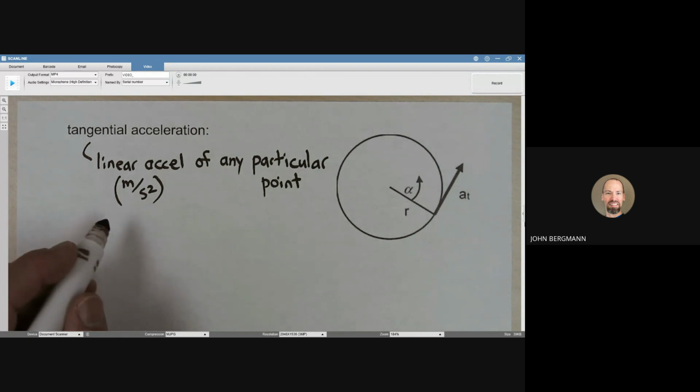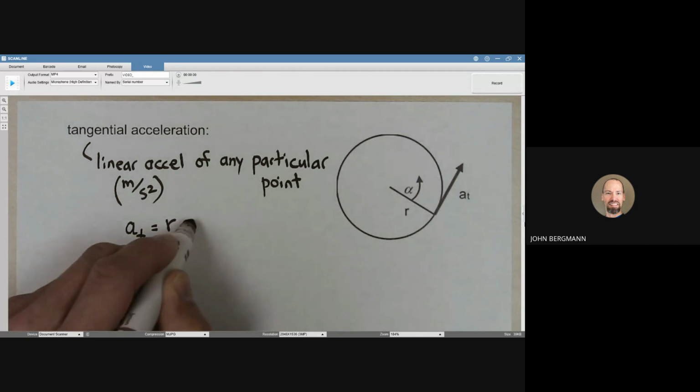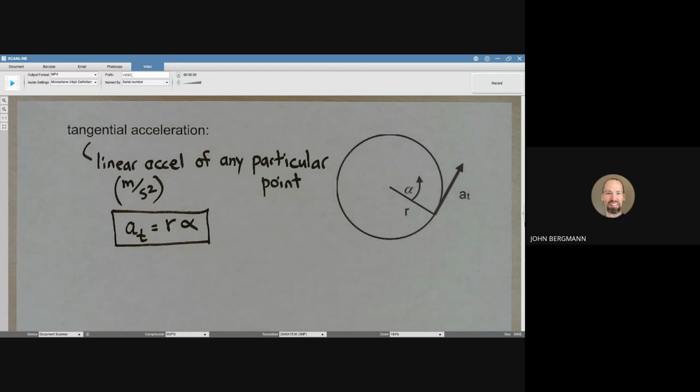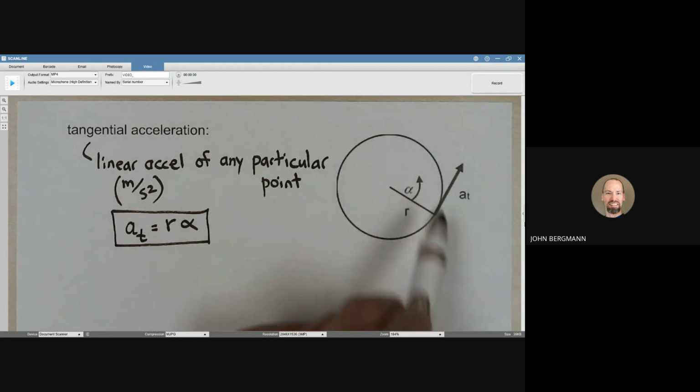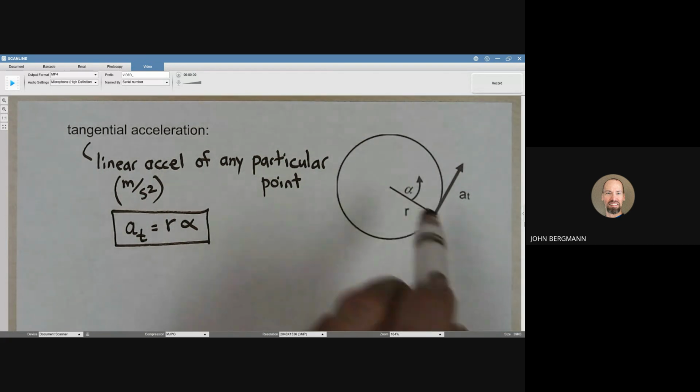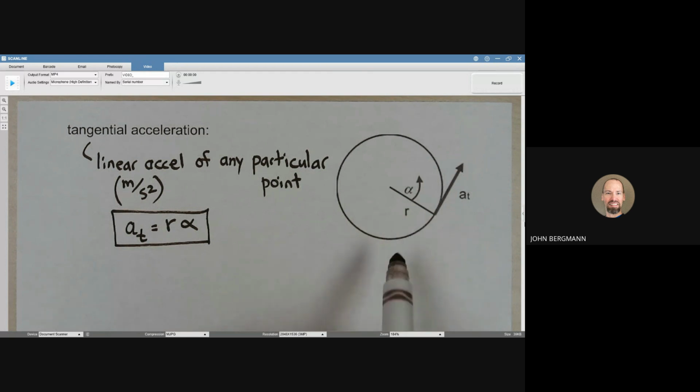The tangential acceleration is r times alpha. Alpha is the same for any point on this rotating thing. The alpha of one point is equal to the alpha at any other point, but the tangential acceleration depends on how far away we are.